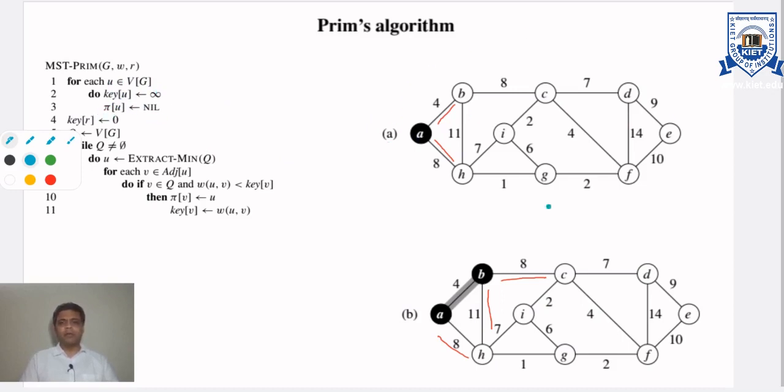So for every node put the value for key. Let's say I am putting k instead of key, so put the value of k as infinity for every node.